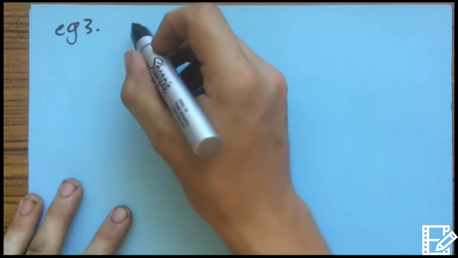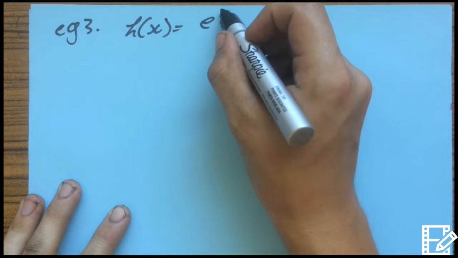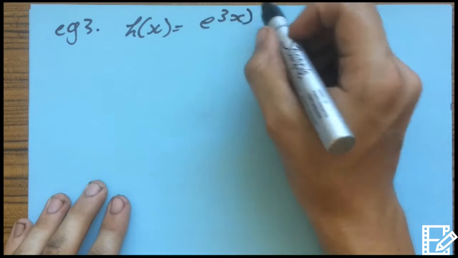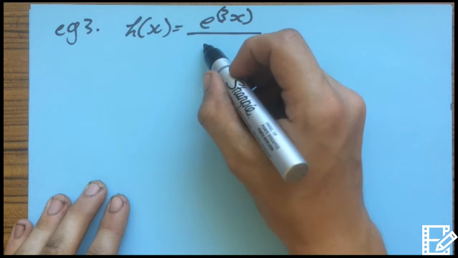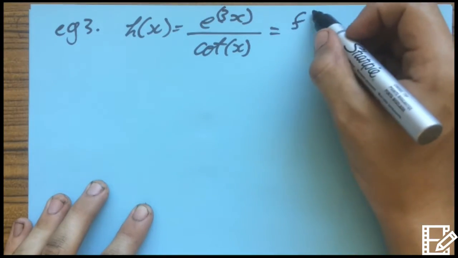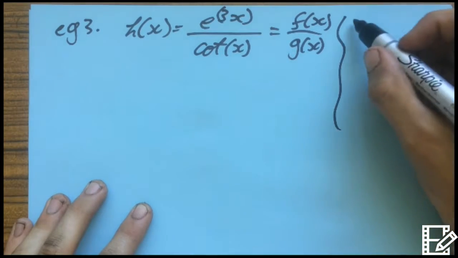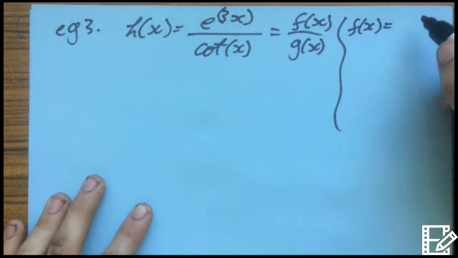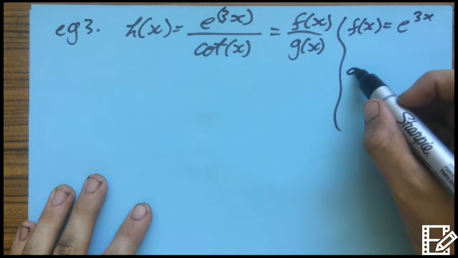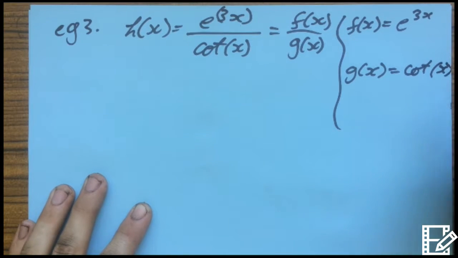Example 3, h(x) equals e to the power of 3x over cot x. So we know that f(x) over g(x), function over a function, we'll label f(x) as e to the power of 3x, and we'll label g(x) as cot x, or cotangent x.